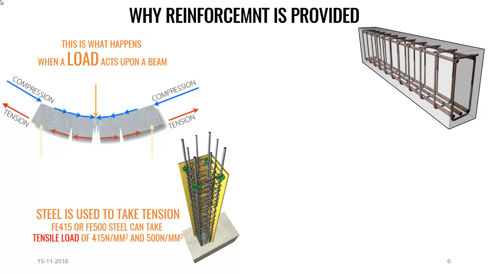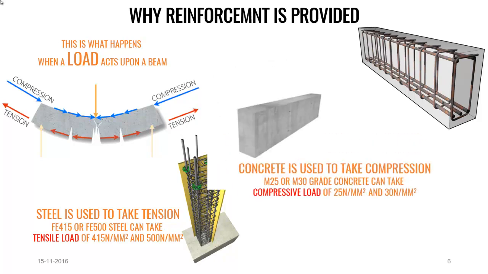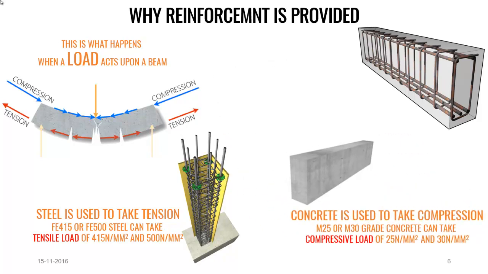You might have heard about Fe415, Fe500 steel. This means Fe415 steel can take a tensile load of 415 Newton per mm square and Fe500 steel can take 500 Newton per mm square. And when it comes to concrete, concrete is used to take the compressive load.